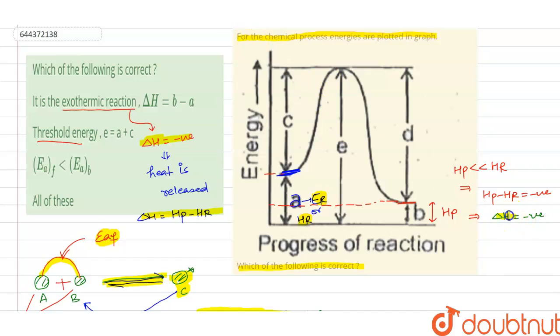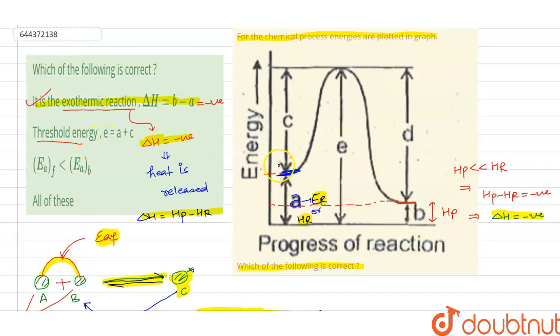And we know that delta H being negative, that is, change in enthalpy being negative, is the characterization of an exothermic reaction. So from here we can say that it is an exothermic reaction, that is, delta H is equal to B minus A, and on solving it we will get a negative value of change in enthalpy. So this is the correct answer.